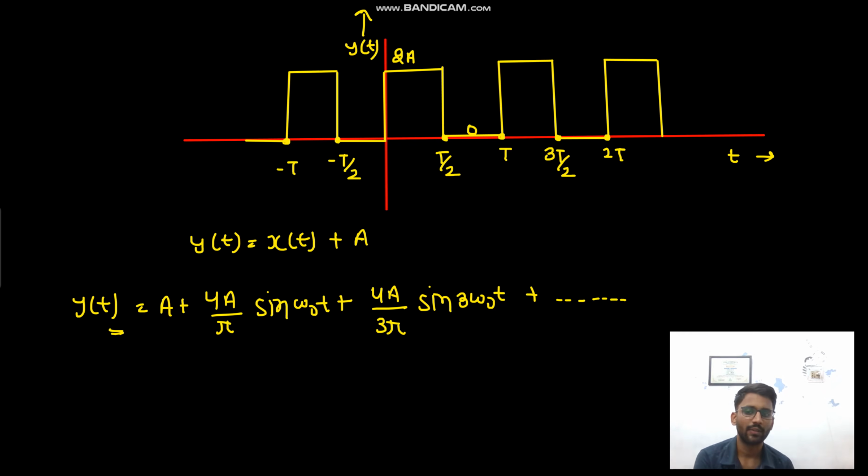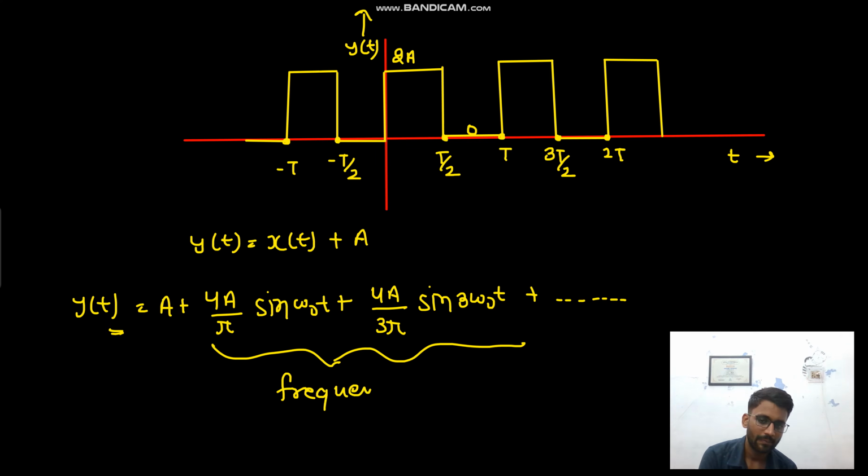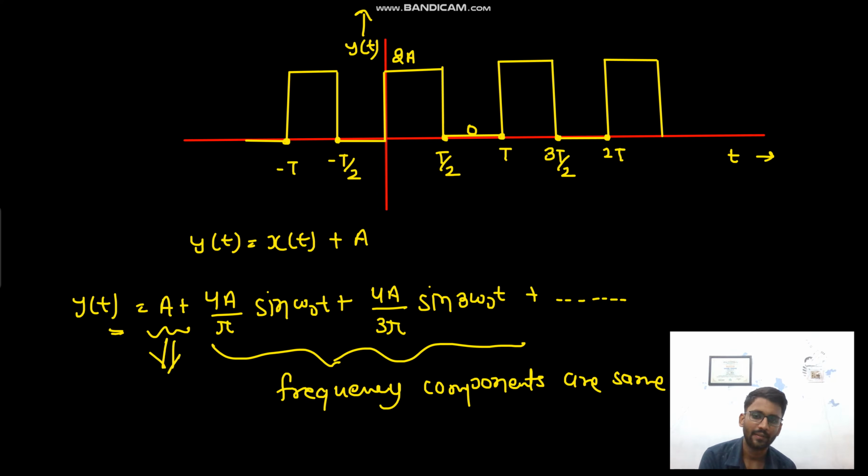So this is your y(t). What is the difference between y(t) and x(t)? Frequency components are the same, only the average value or DC value is added.